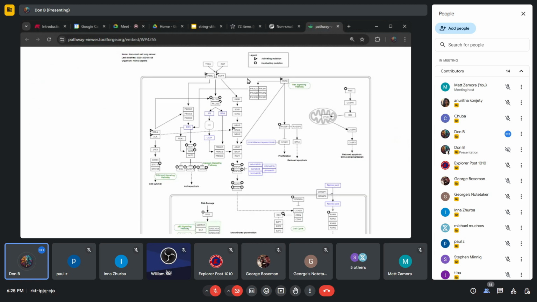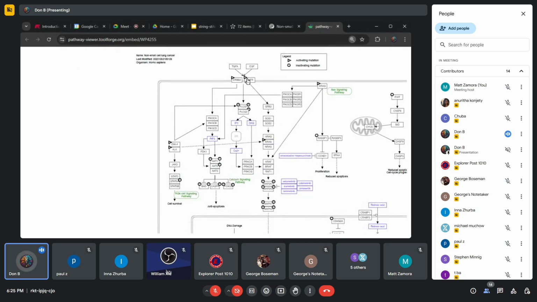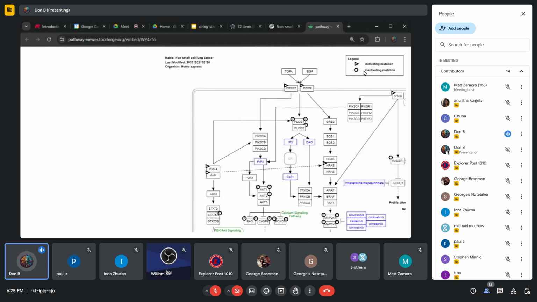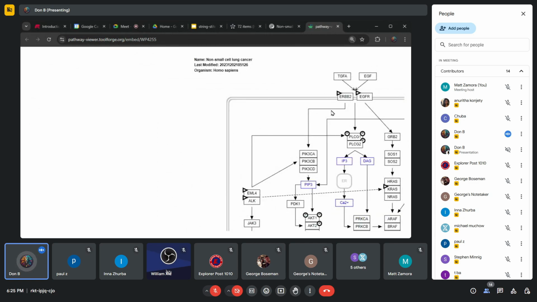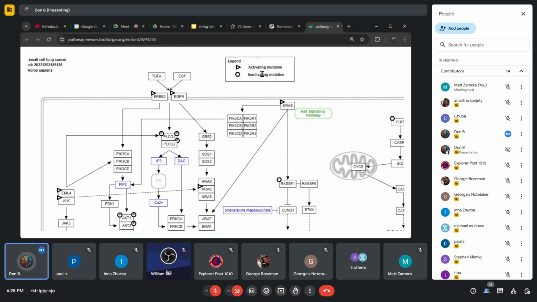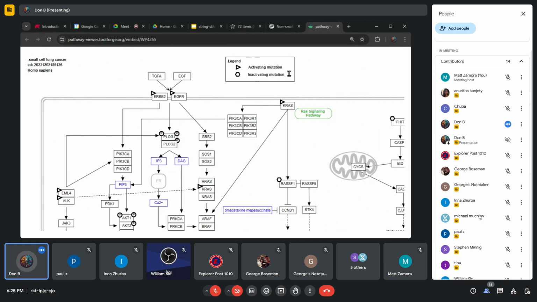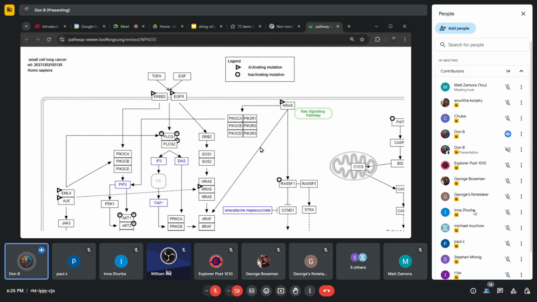So one of the ways, and I'll do a deeper dive later, that I focused on, zooming in a little bit more, is the aspect of, initially, what are the key activating mutations and inactivating mutations in the context of non-small cell lung cancer.